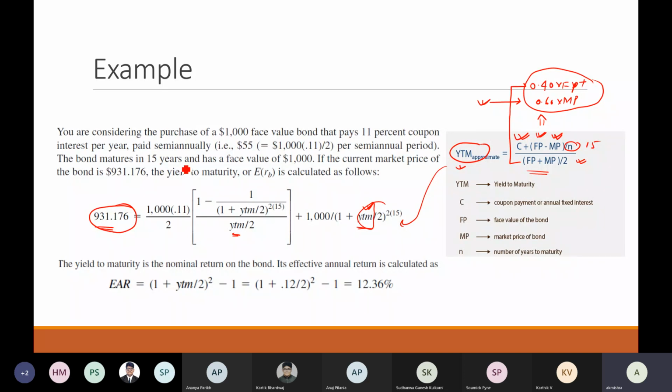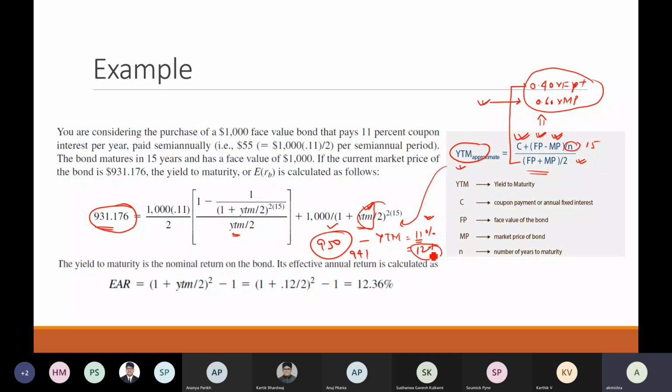Let's say this right hand side is coming to 950 when you use, let's say, YTM as 11%. It means that there is a negative relationship between this and this. It means your correct YTM will be more than 11%. So if you increase this by, let's say, 1%, this number will come down to, let's say, 941. It means you need to further increase your interest rate, because if you increase the interest rate, your present value will come down.